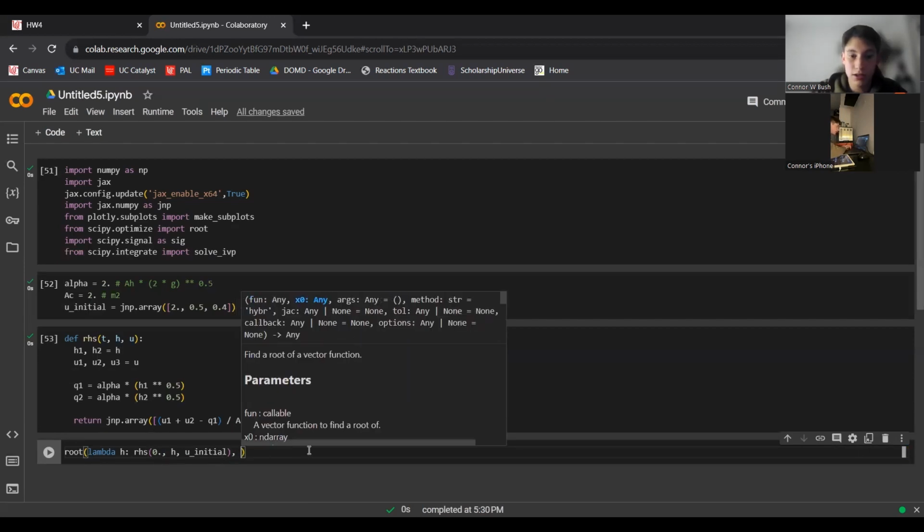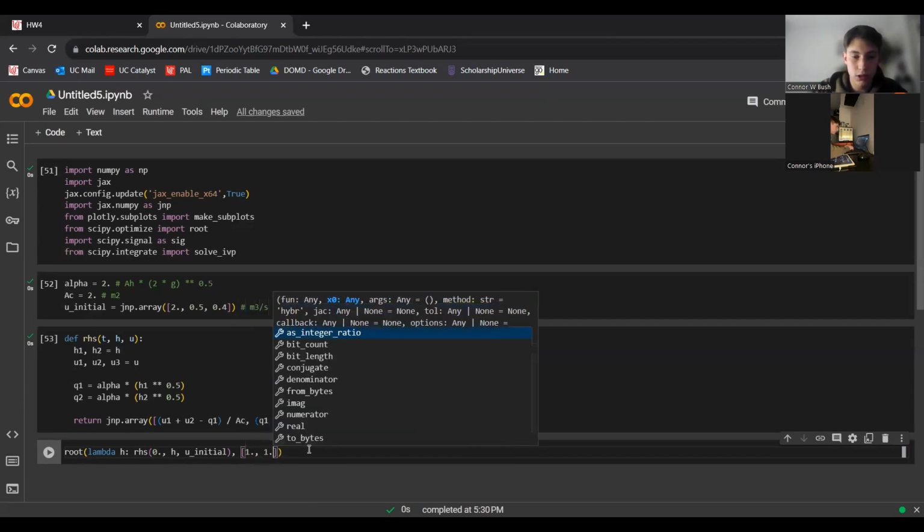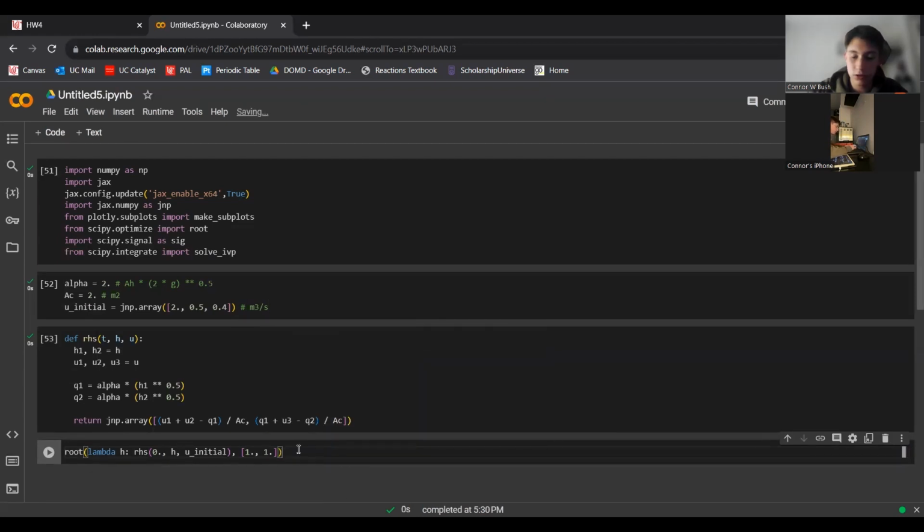Our initial guess for H1 and H2, we're just going to put 1 in for each. And then what else? I think that is everything we need there. If we do dot x, that gives us the solution.